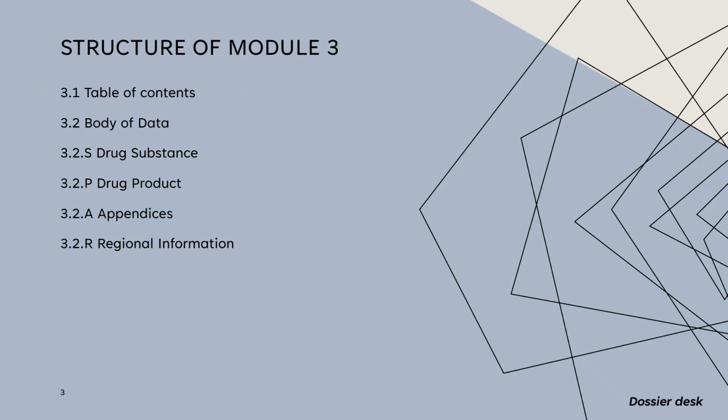Module 3 is divided into structured sections. The most important sections are 3.2.S, which covers drug substance, and 3.2.P, which covers the drug product.